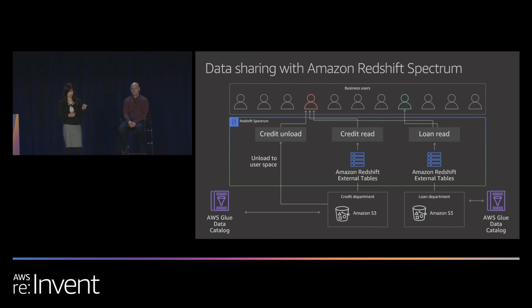And we create this credit unload role for this user to have the ability to unload the data into the user space that we created in the S3 bucket. This way, they can share the data among the different departments, and they also have the ability to store the data set.